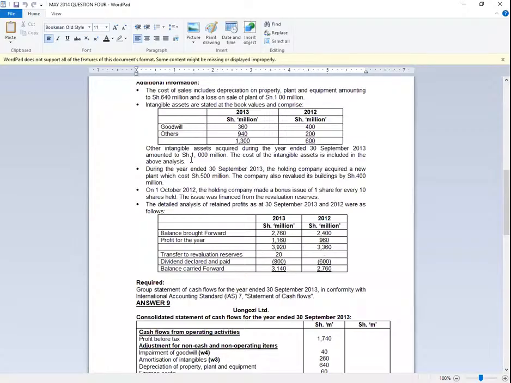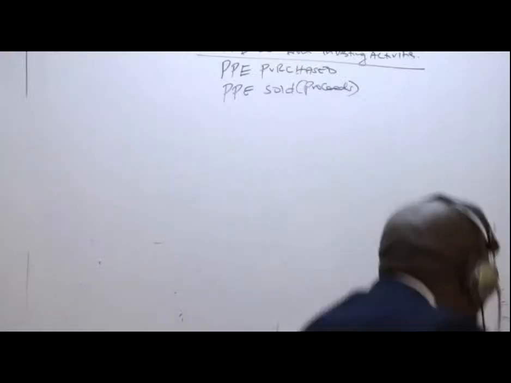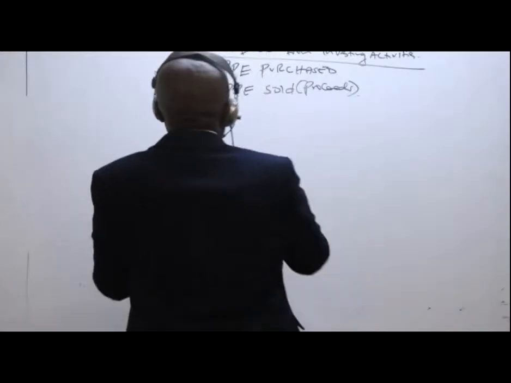So in this case, I'll come straight away and mention the purchase of intangible assets, low-hanging fruit. Purchase of intangible assets, 1,000.